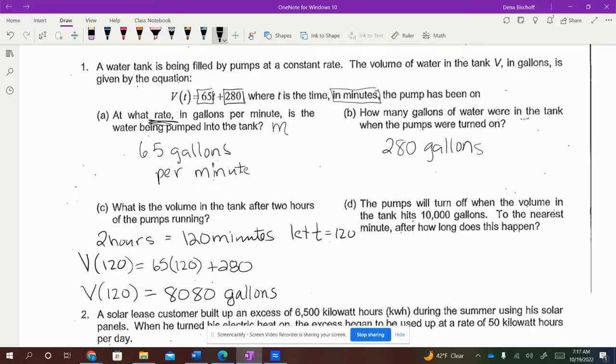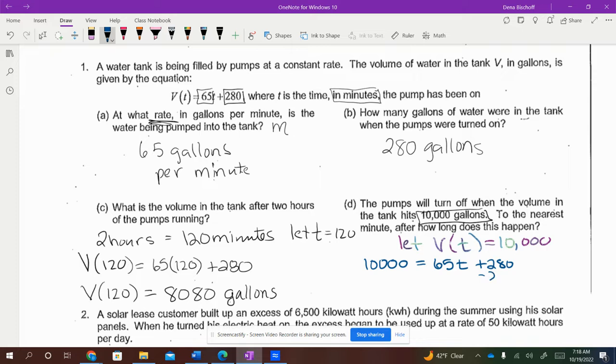The pumps will turn off when the volume in the tank hits 10,000 gallons. This means let V of T equal 10,000. So we're trying to figure out how long this is going to take, and we're going to round to the nearest whole minute. So instead of starting my function with V of T, I'm starting it with 10,000 equals 65T plus 280.